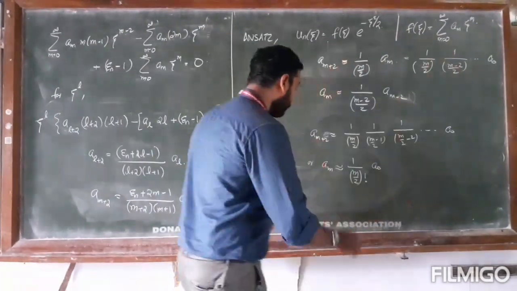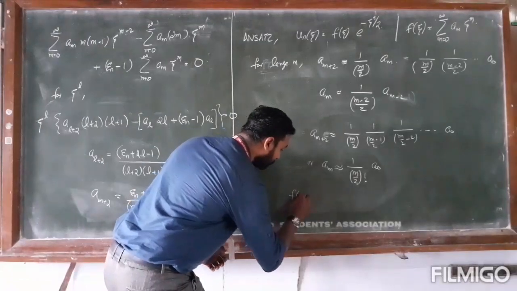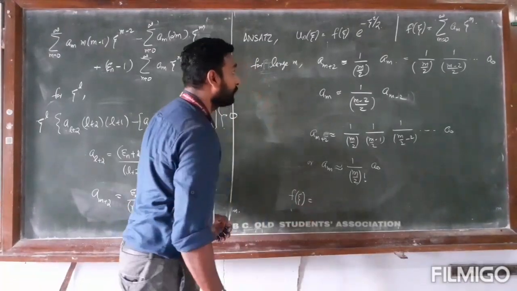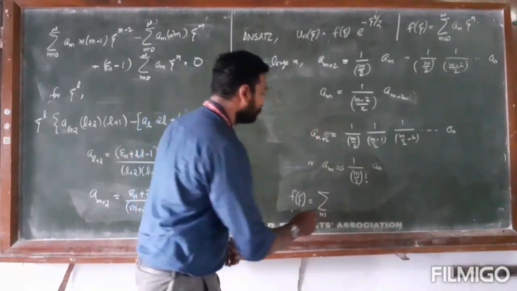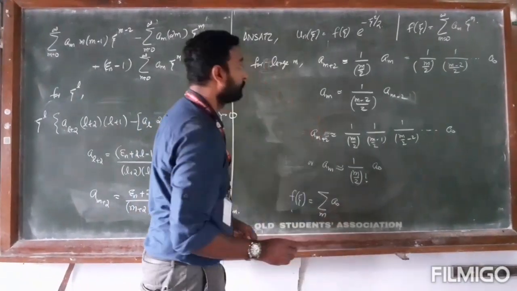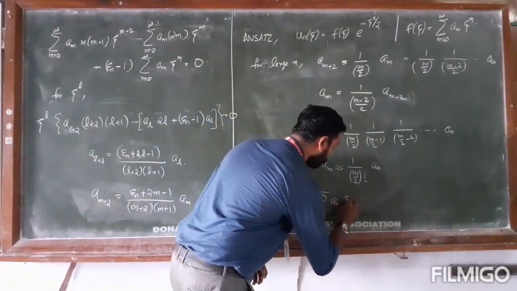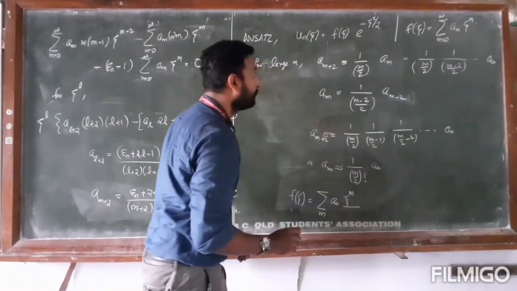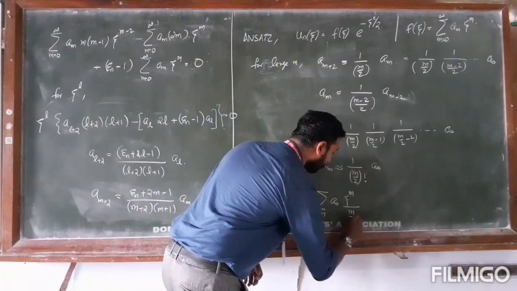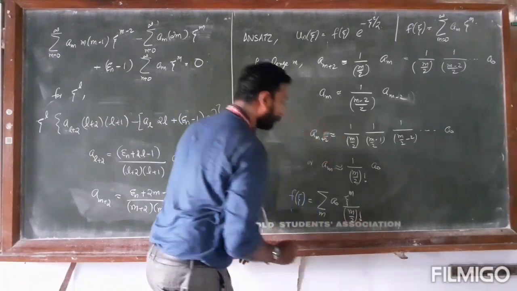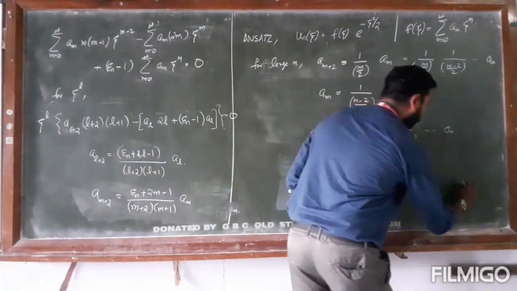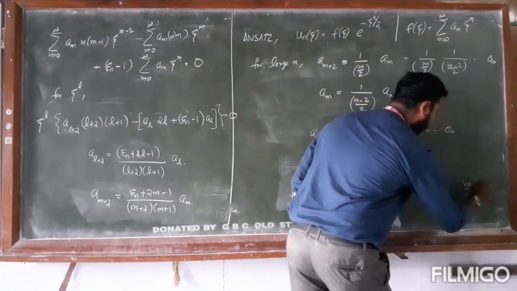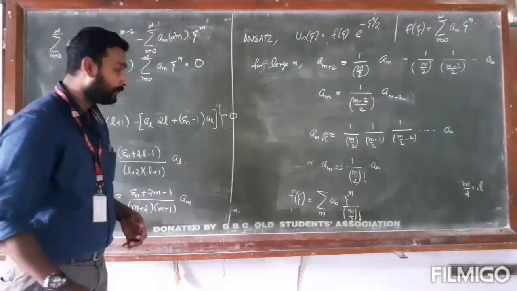So what will be f of theta? f of theta is the sum over m of a_0 theta raised to m divided by m by 2 factorial. I can put m by 2 as L. If I put m by 2 equal to L, then m I can write as 2L.